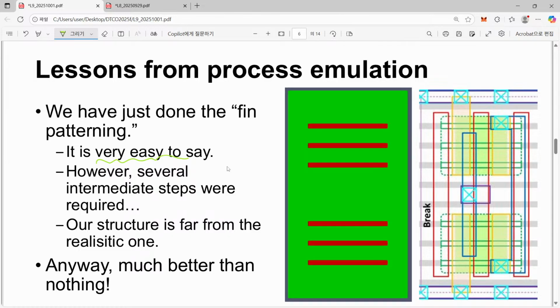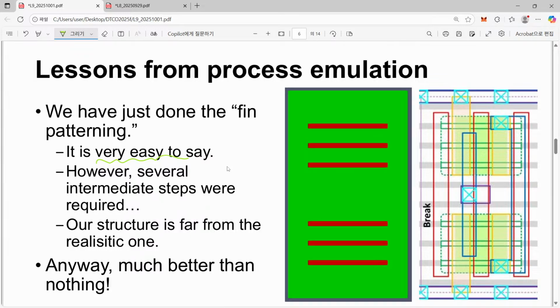Since everything is on the nanometer scale, if one step and the next step have a mismatch of 1 nanometer, that can be critical for our final device performance. So that is a difficult thing. In reality, we just make a sketch of the fabrication process. So please understand the limitation of our discussion.